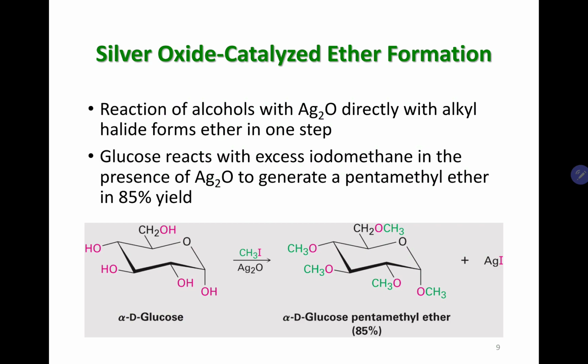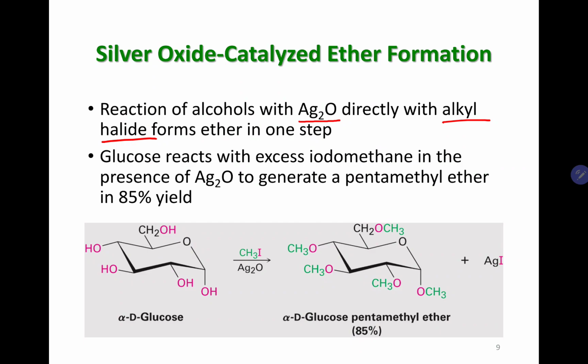This is also a very unique reaction, where you use silver oxide as your catalyst, and you also need an alkyl halide. In this slide I have given you the reaction between glucose and methyl iodide.